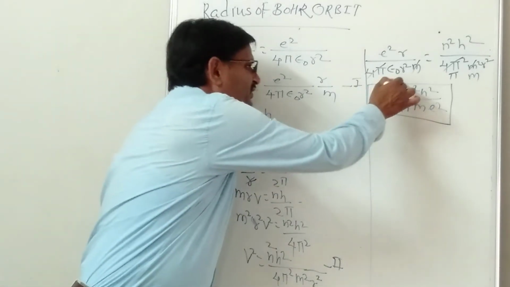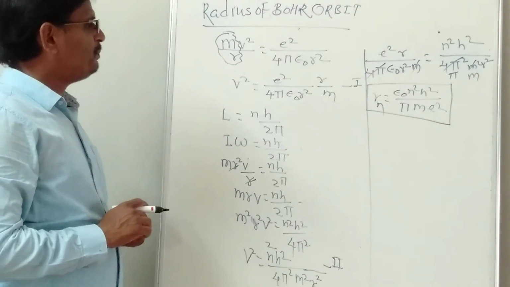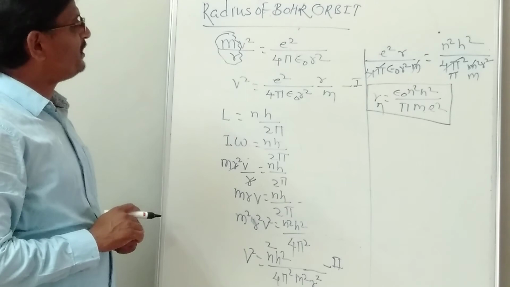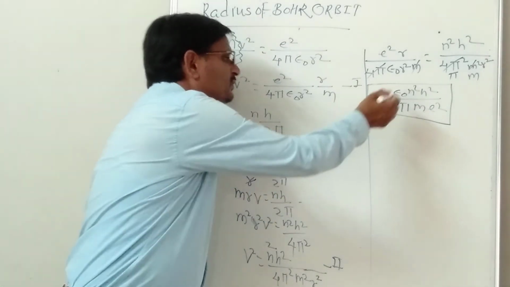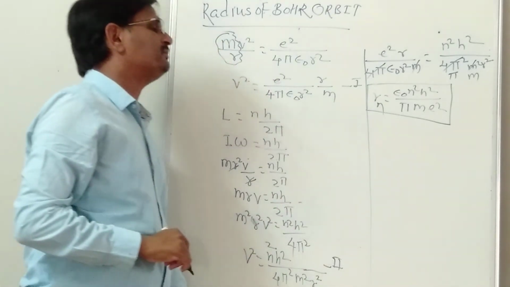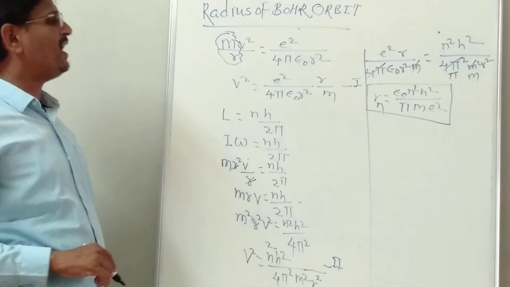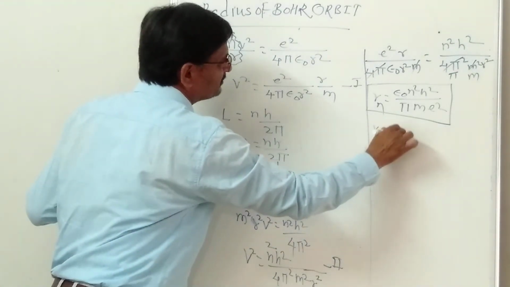This term is constant, ε0 h² upon πme². This term is constant. It means the radius of Bohr orbit is directly proportional to the square of the principal quantum number.